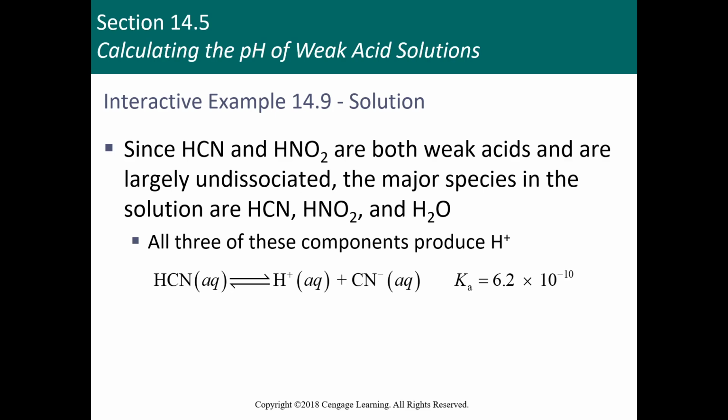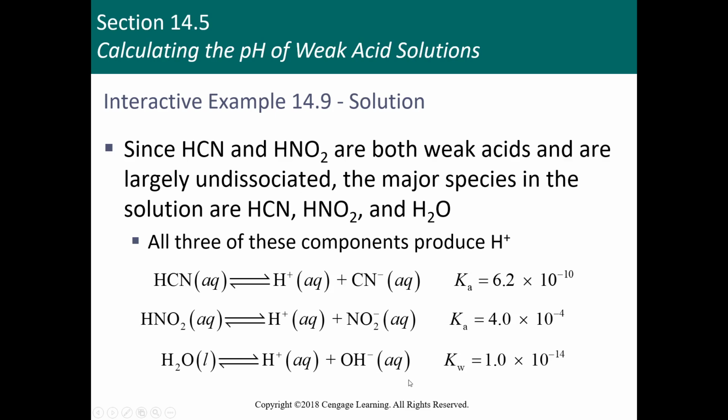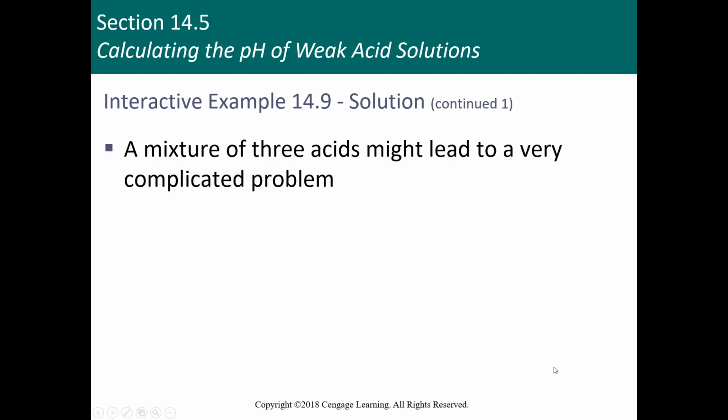Our HCN is this acid right here, with its H+ and conjugate base, and the Ka is right there for it. Here's our HNO2, and you can see the Ka is much, much larger. And right here is our water, whose Ka is incredibly small, almost a meaningless amount. In fact, you could say it's a meaningless amount.